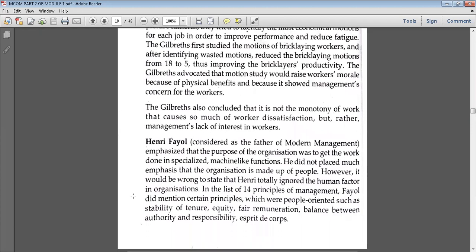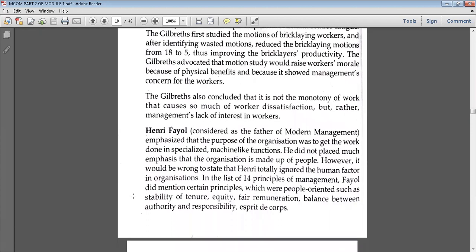Then comes Henry Fayol. Fayol's contribution to management studies is immense. He is known as the father of modern management, and his 14 principles are there. Fayol's 14 principles of management explain 14 important things which are supposed to be there in an organization.